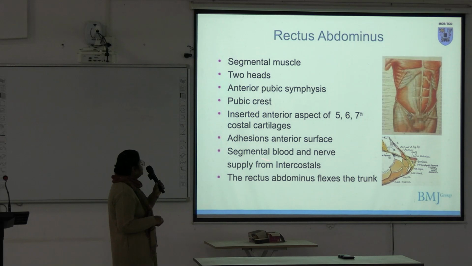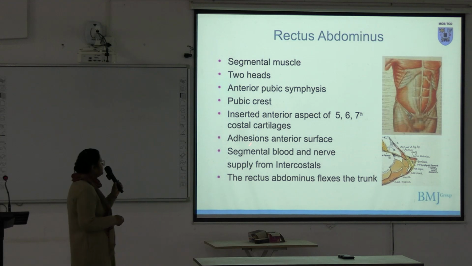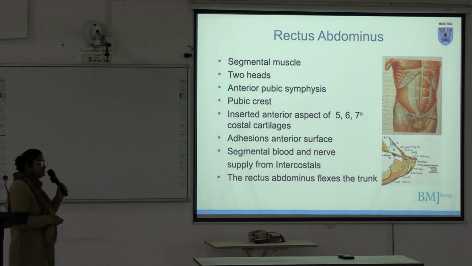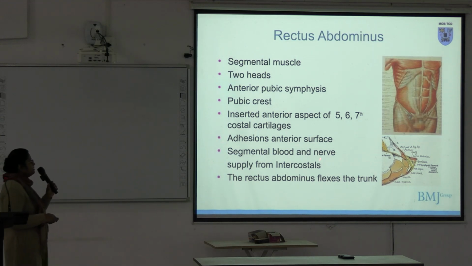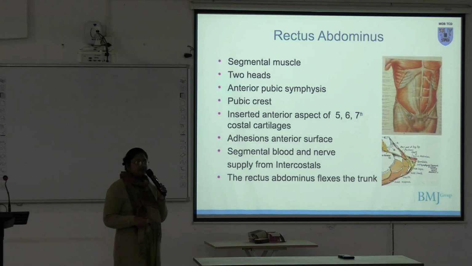Adhesions are present over the anterior surface; adhesions here means the tendinous intersections. There is segmental blood and nerve supply from the intercostals, and the rectus abdominis flexes the trunk.